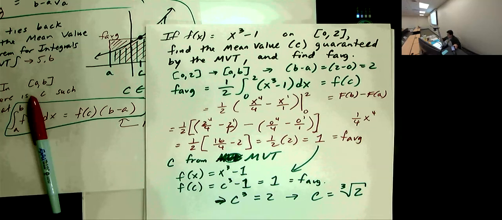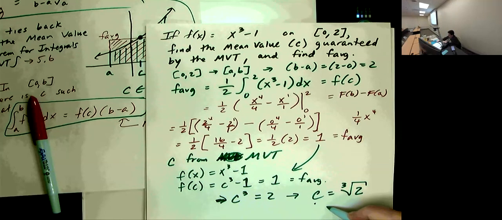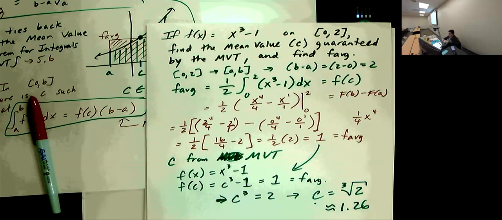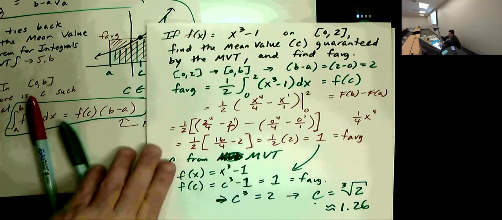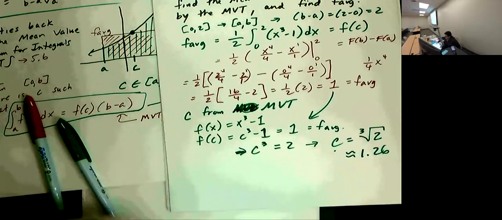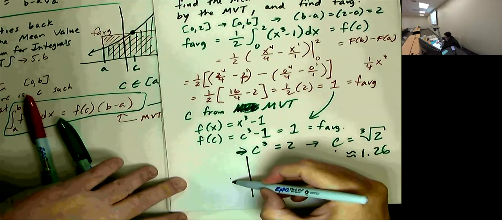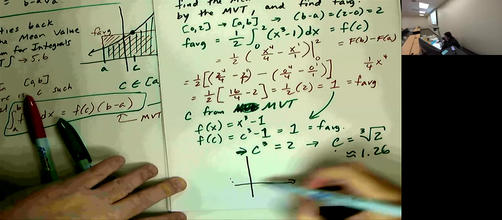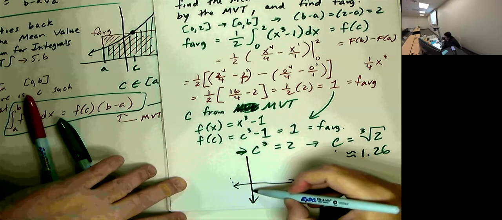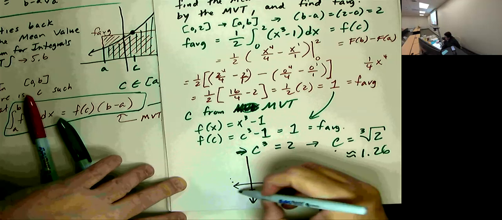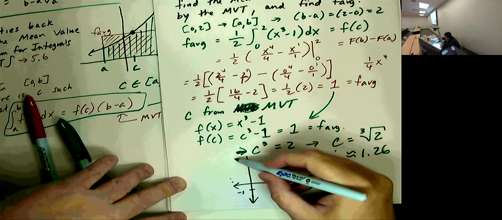Approximately 1.26. So if I were to sketch x cubed minus 1 real quick, from 0 to 2, it starts off at -1, goes up to 7.